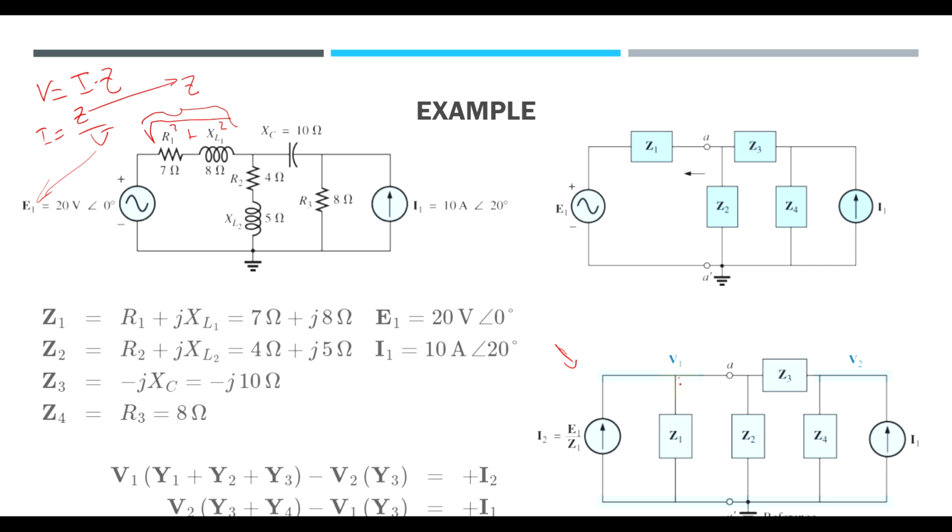All right, so if you notice, the voltage here is going to be V1, and the voltage 2 is going to be here. To give you some values, here are all the impedances, and here are the initial sources for voltage and current.